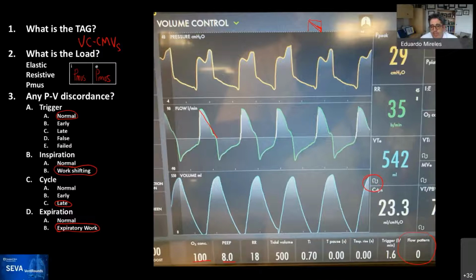With circuit compensation, the ventilator actually creates a simulated waveform of what it would expect the flow at the ET tube to look like. But if you turn it off, it actually shows you that the machine is delivering a descending ramp flow, and this is a simulated waveform, not what you think. It doesn't look like this, because if not, it would not be volume control.